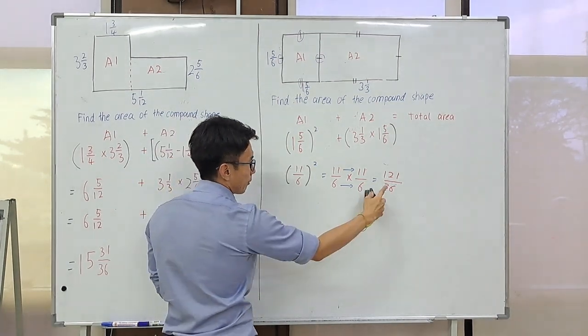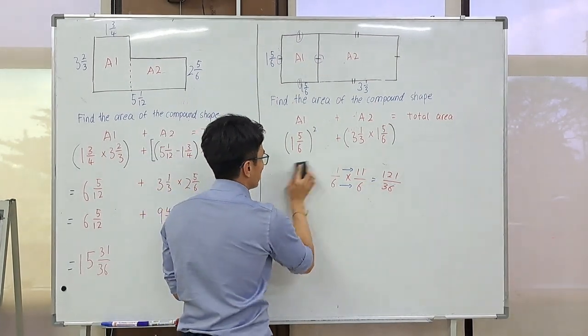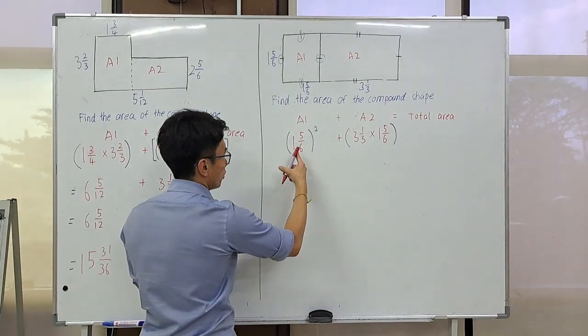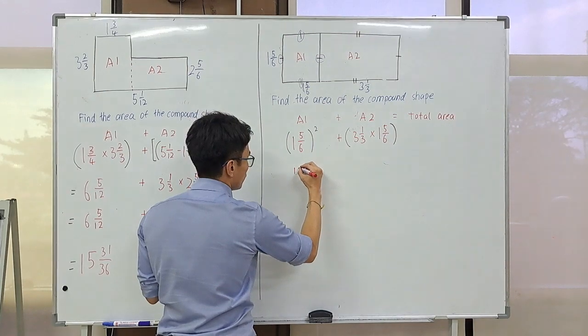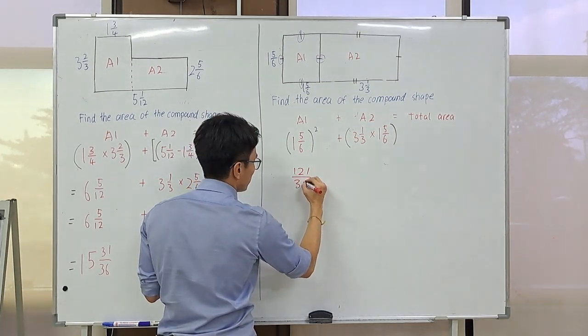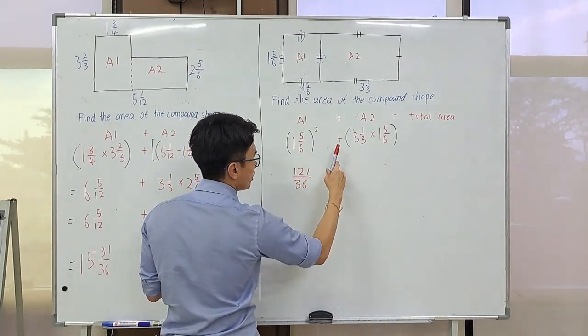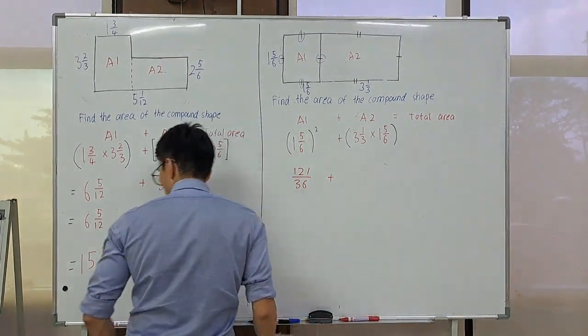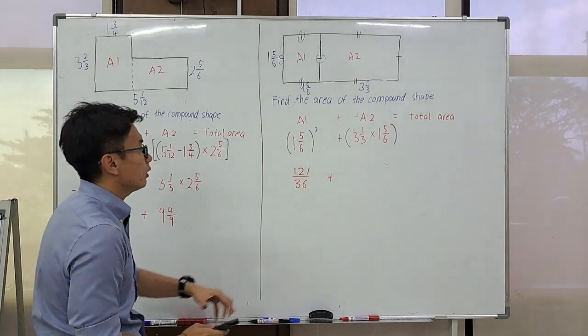So I'm going to erase this and write this down over here since we already expanded it. After I expand this, it's going to be 121 over 36. And this one I'm going to add with this right now. Again, very quickly, I'm just going to use my calculator and solve this.